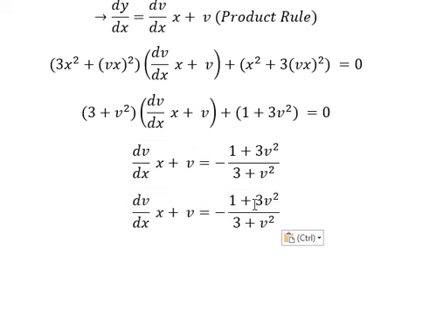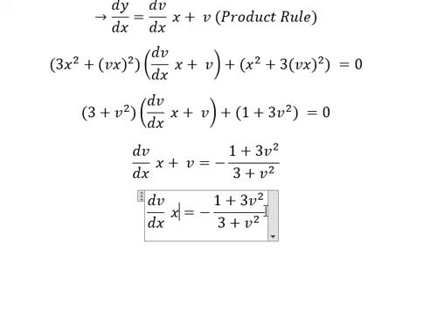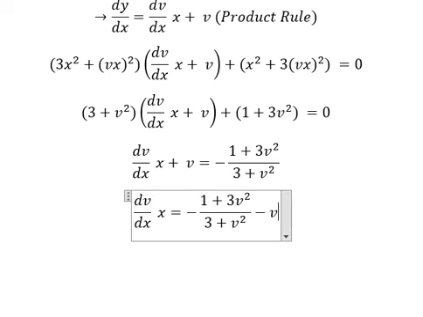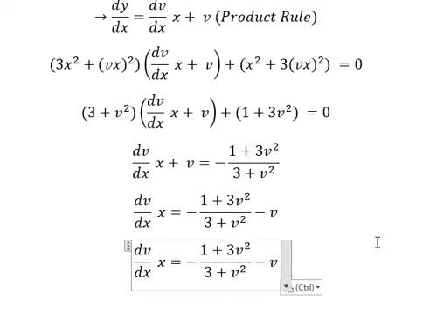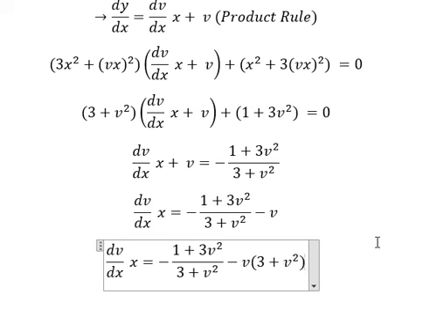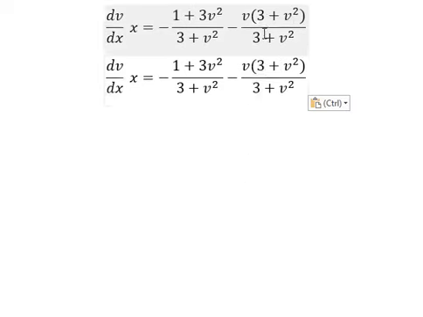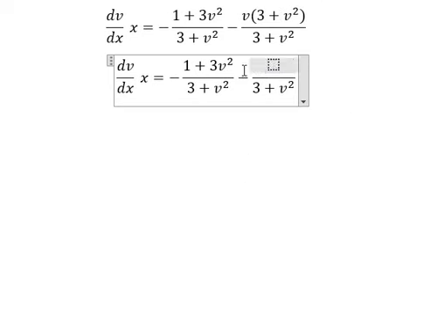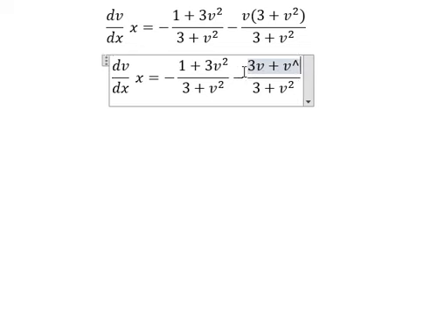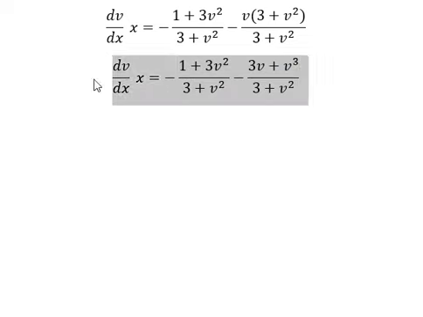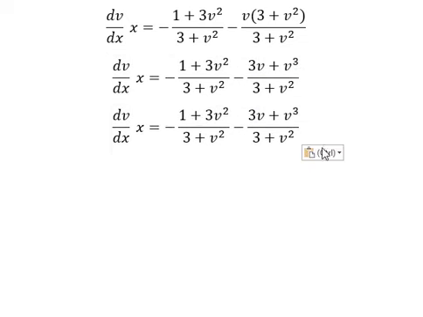Next, I will put v go to the right, and we have negative v. And now we can do common denominator. So this one that is about 3v plus v to the power of 3. And now we combine everything in here.